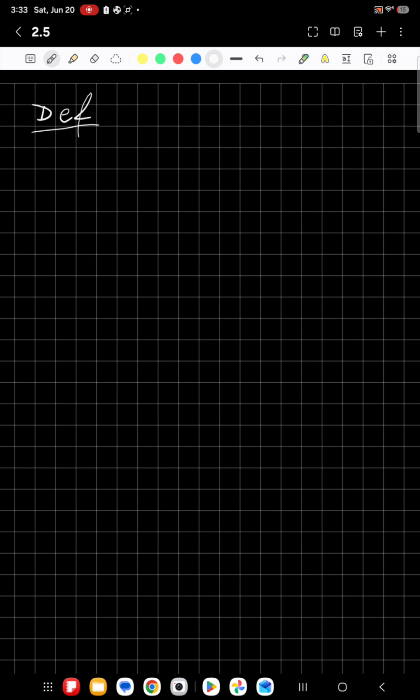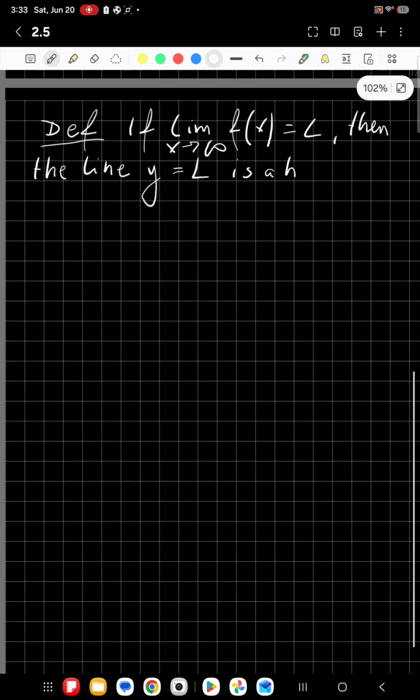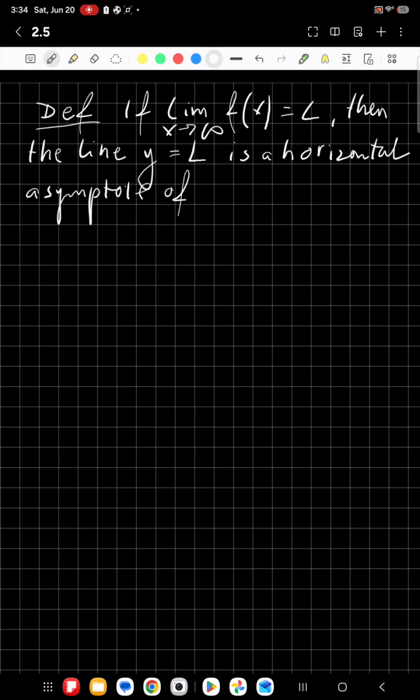So if the limit with x approaching infinity of f of x equals some number L, then the line y equals L is a horizontal asymptote of f.